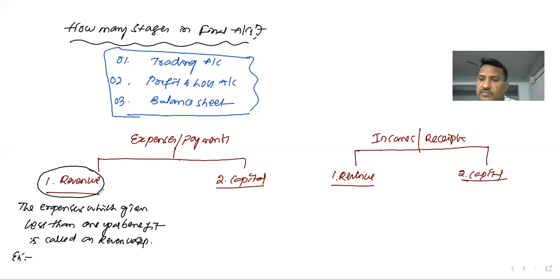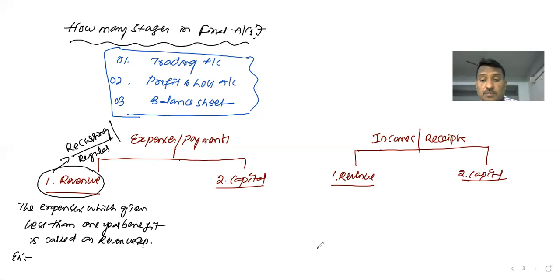Revenue expenses are also called recurring expenditure. Recurring means regular expenditure. So whatever expenditure is paid regularly and repeatedly is called revenue expenses.